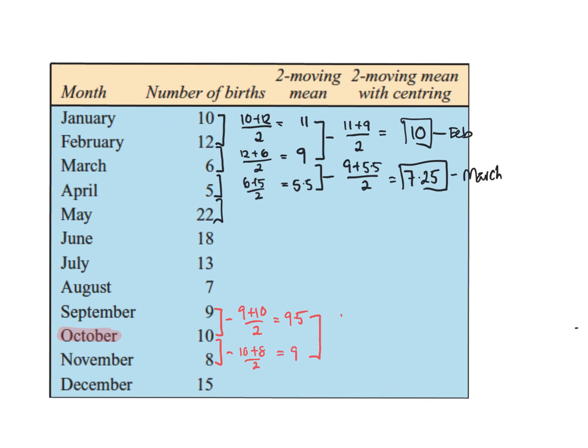Then I'd add these 2 together, divided by 2, which would be 9.25, and that would be October's smooth data point. You can do them in the calculator. I'm just doing it in my head, but you're fine to do it in the calculator.